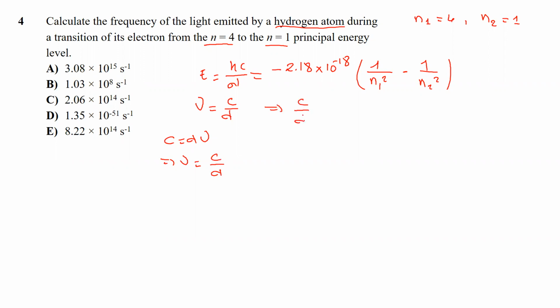c over lambda will be equal to minus 2.18 times 10 to the power minus 18 divided by h, times 1 over initial square minus 1 over final square.